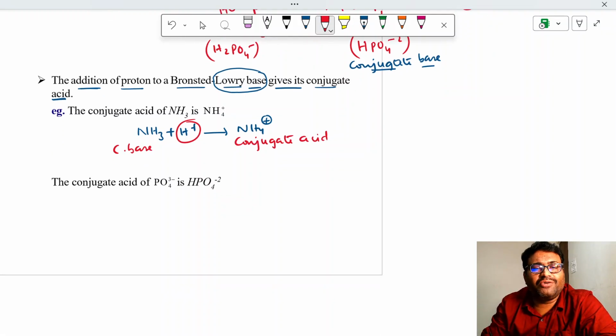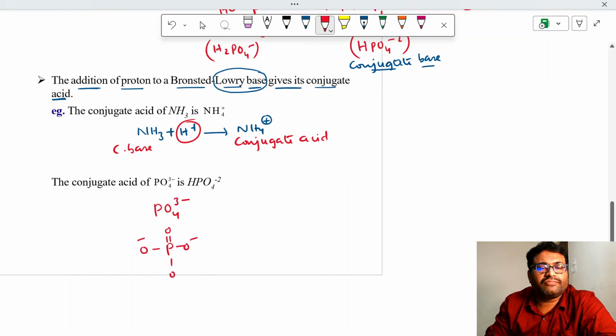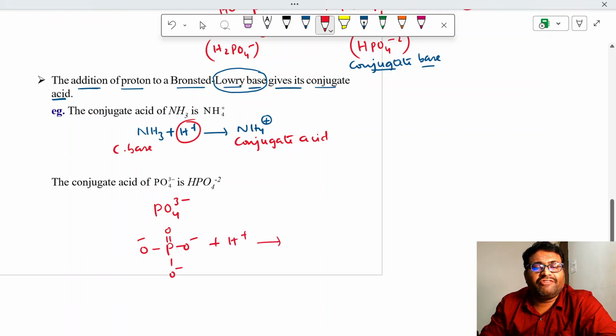Okay. Now what are you doing? PO4 3 minus. That means you can write it in this way. You are adding one proton. When you add a proton, what happens? It becomes OH. The others remain as O minus.